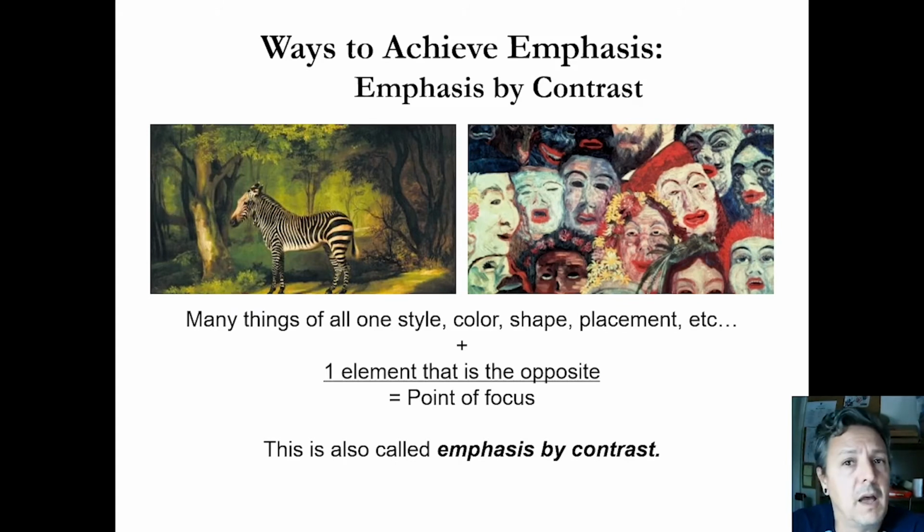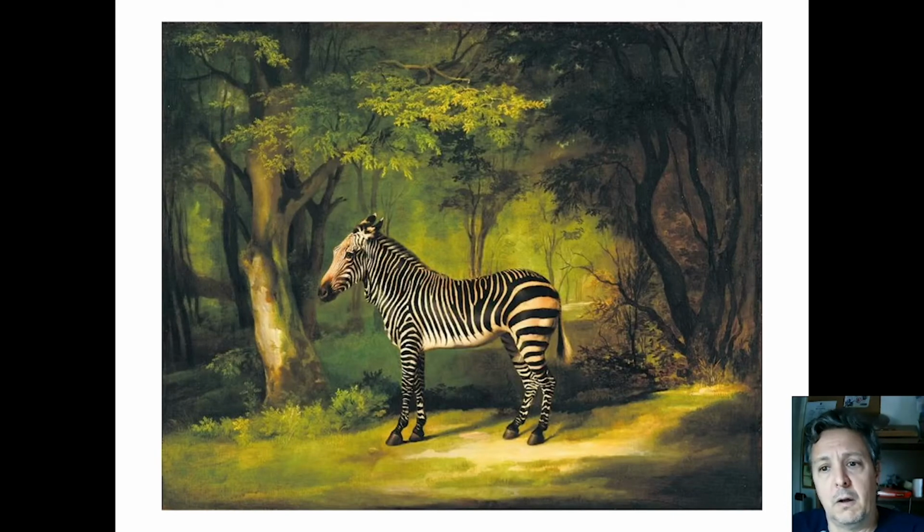So, emphasis on contrast. How's that achieved? One element that is the opposite of everything else, pretty much. The main point here in this picture is not the trees. It's not the trees, it's not the grass, it's that zebra. That zebra stands out for two reasons. One, the environment or the context.